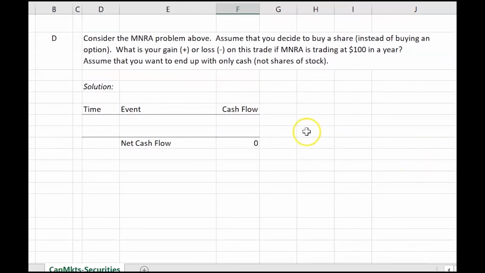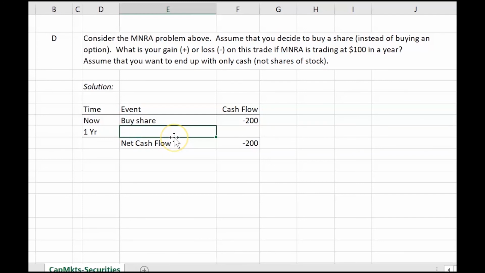To think about this a little more clearly, let's say we've got the same problem above, and we just decide to buy a share instead of buying the option, and then Moderna crashes in a year. What's going to happen? So now we buy the share, okay, and our cash flow is minus 200, okay, and then in 1 year, we want to get back in cash.